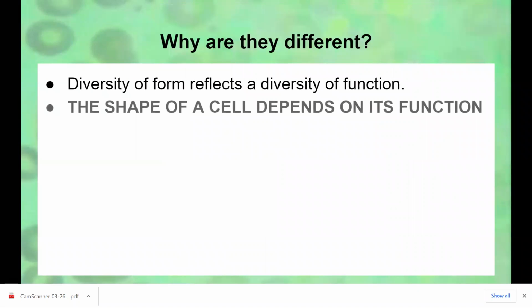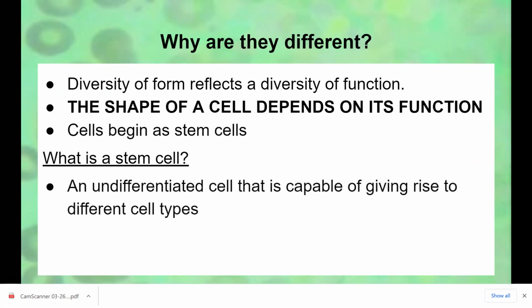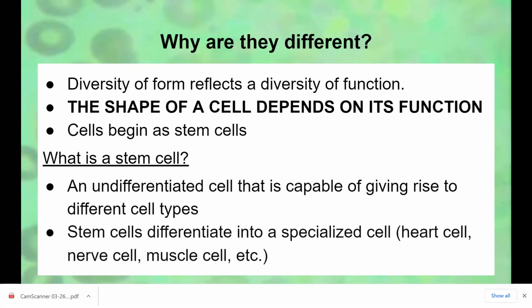So diversity of form reflects diversity of function. And what that means really is that if a cell has a different job, it's probably going to look a little different from a different type of cell. And the best example I could come up with that exemplifies that would be a nerve cell.